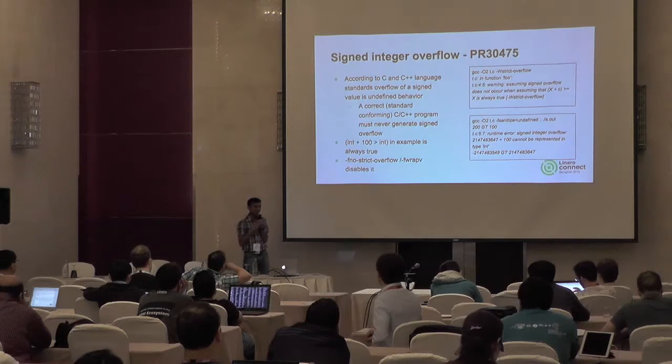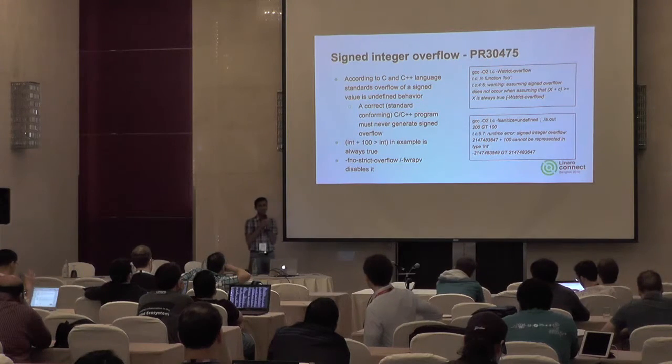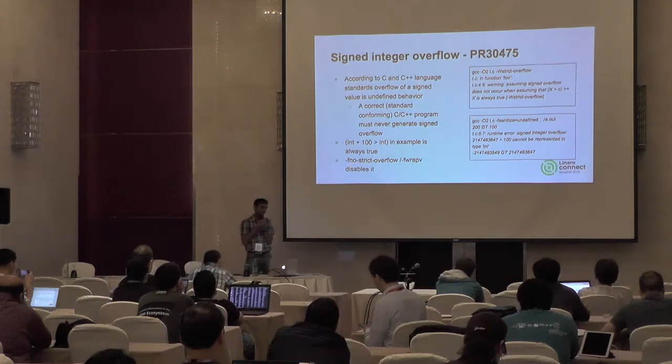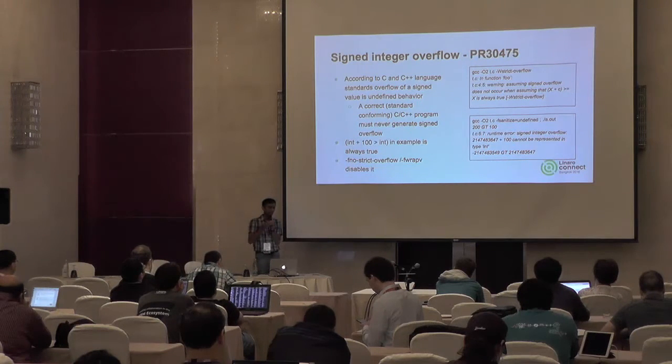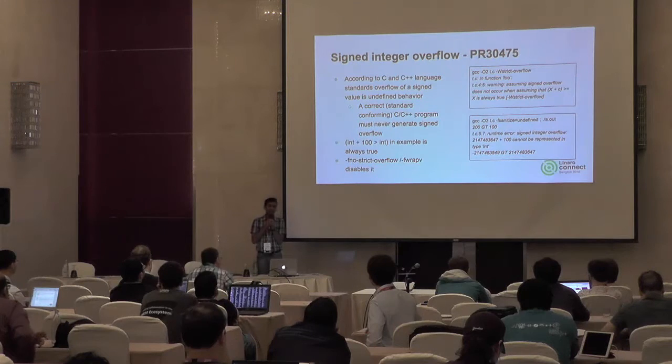Again, it's based on the C and C++ language standard, where overflow of a signed value is undefined behavior. If you don't want this behavior, you can tell the compiler not to do it by giving the -fno-strict-overflow or -fwrapv option.